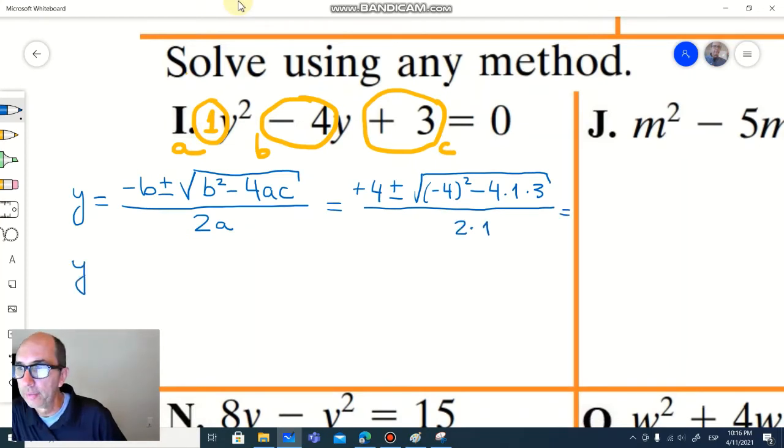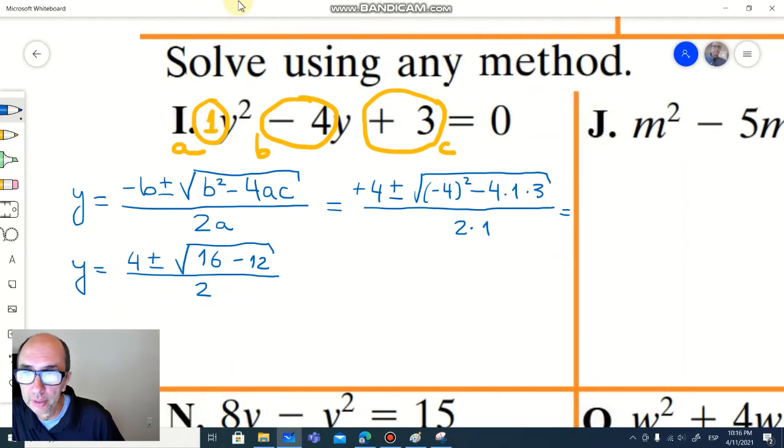And we will have y equals 4 plus or minus the square root of negative 4 squared, 16, minus 4 times 1 times 3, 12, over 2.